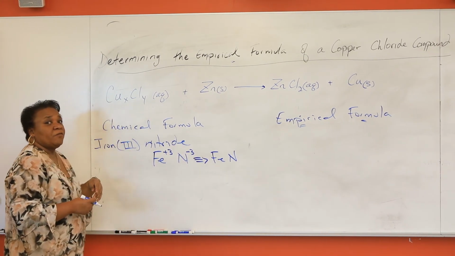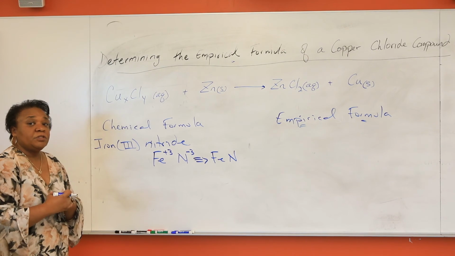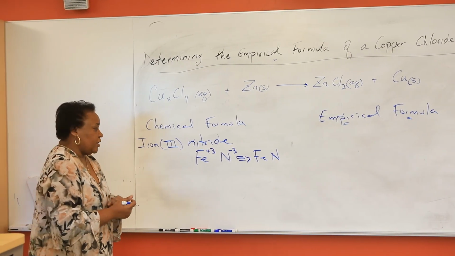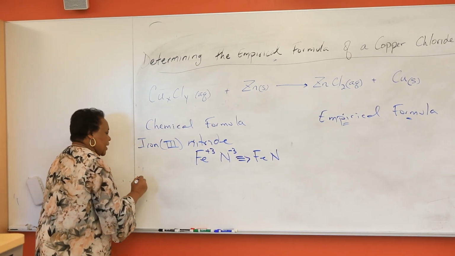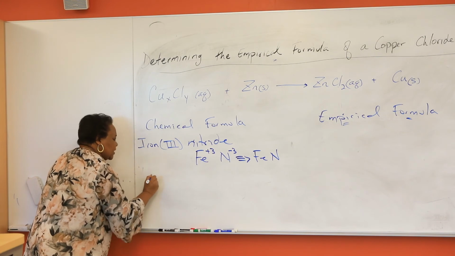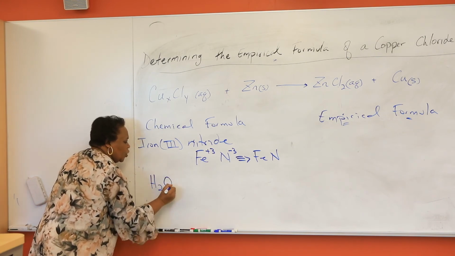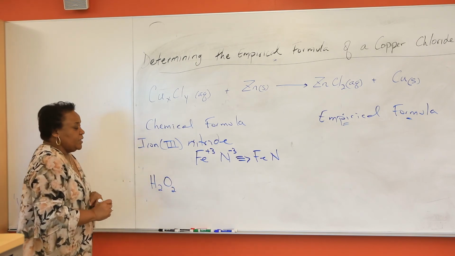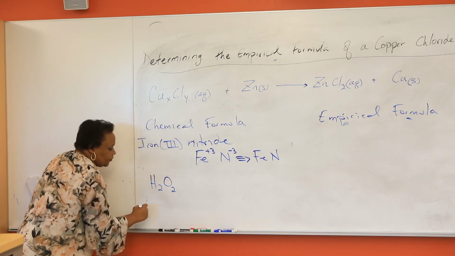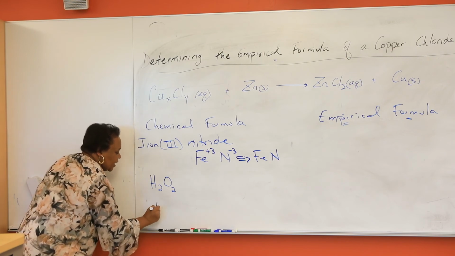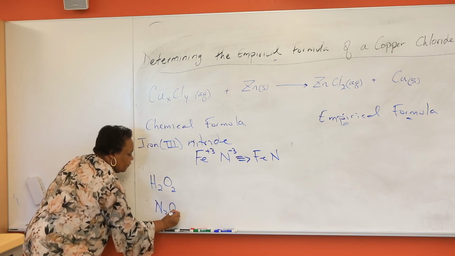Not the same, however, if I said to you that my compound was, let's say, hydrogen peroxide. So for our covalent compounds, and let's do hydrogen peroxide, the chemical formula is what? It's H2O2. Likewise, the chemical formula for dinitrogen tetroxide is N2O4.